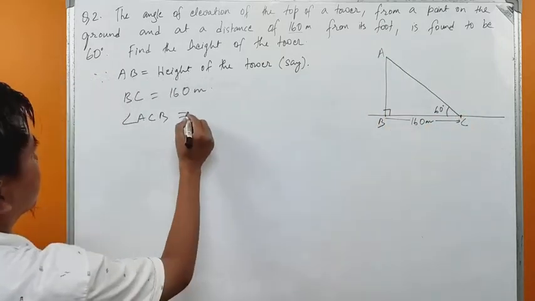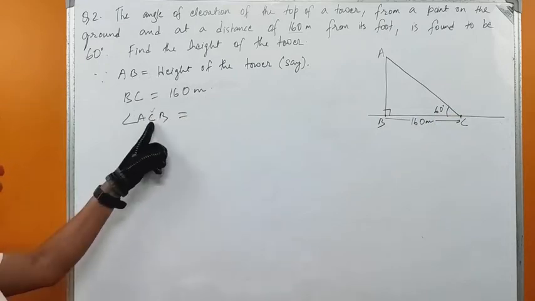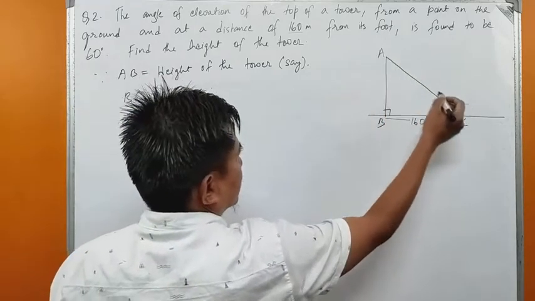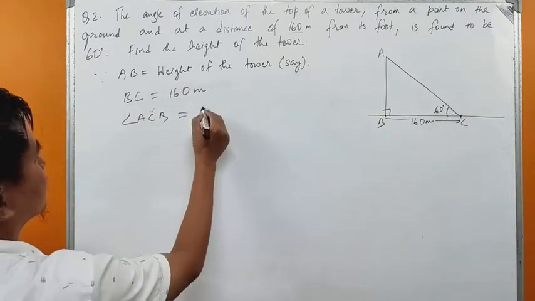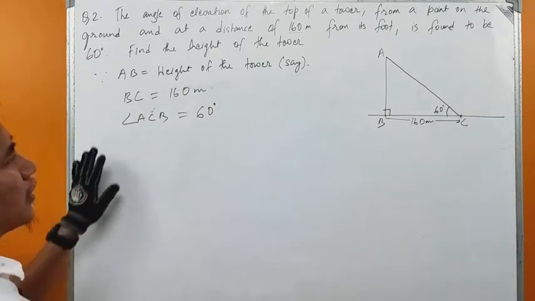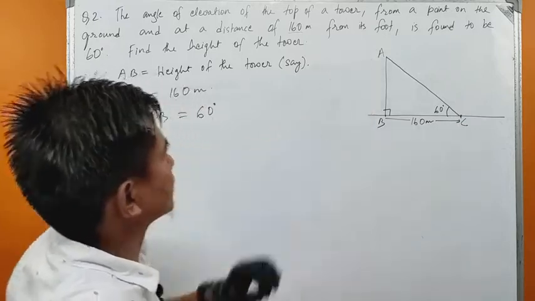Angle C should come in the middle. ACB means this angle C. Angle C is 60 degree. Now we are asked to find AB, isn't it?